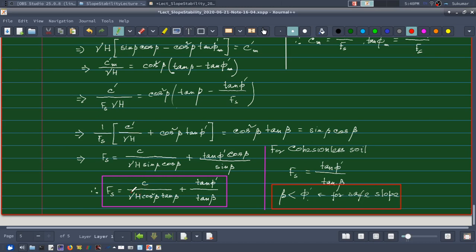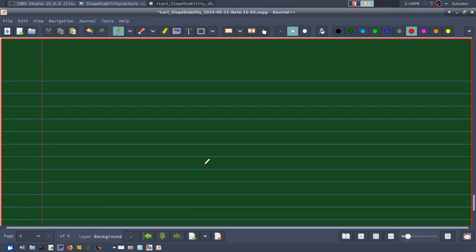So let us find out then the critical height of slope in a C phi soil.